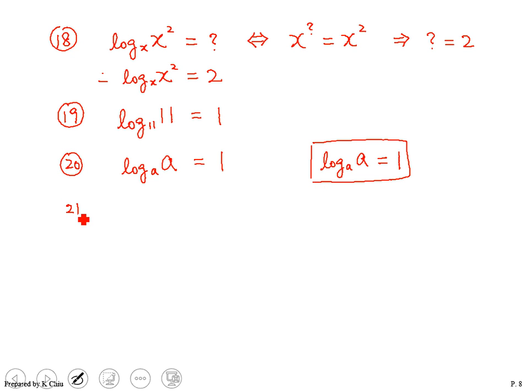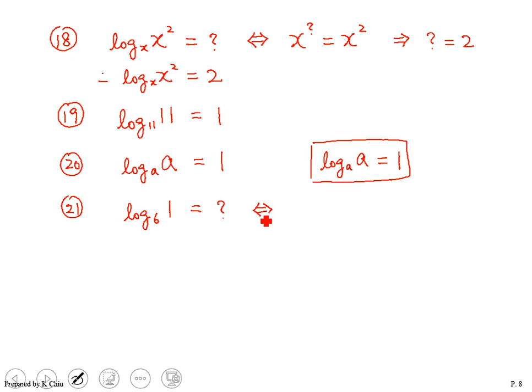How about log 1 with the base 6? Can we think of something? Hey, maybe I can see that right away. Okay, let it be a question mark. Let's turn it back into the exponential form.